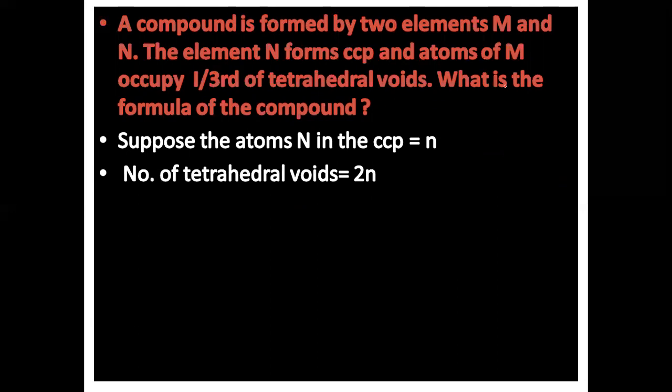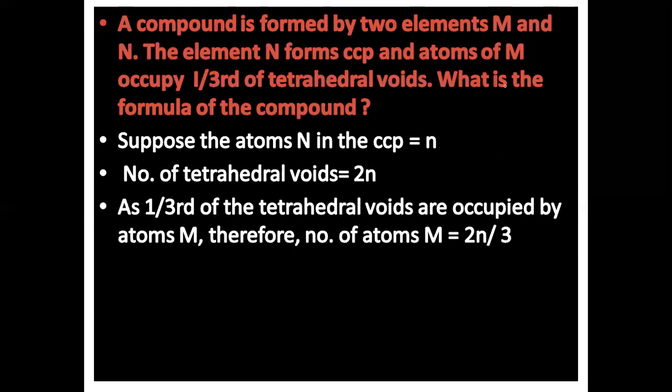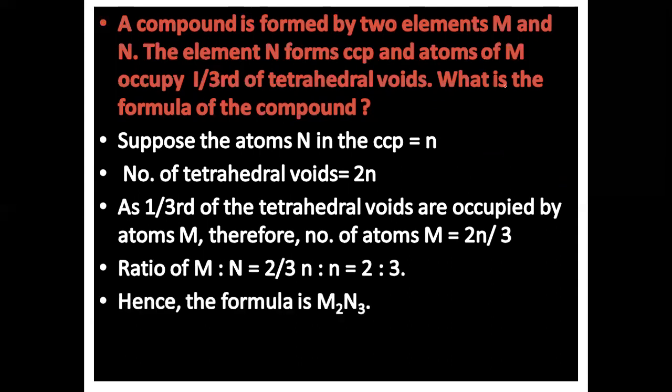And N forms the CCP, and atoms of M occupy 1/3 of these tetrahedral voids. 1/3 of tetrahedral voids means atoms of M is equal to 2n divided by 3. Therefore, the ratio is 2:3, and the formula is M2N3.